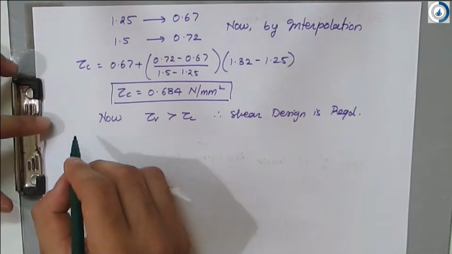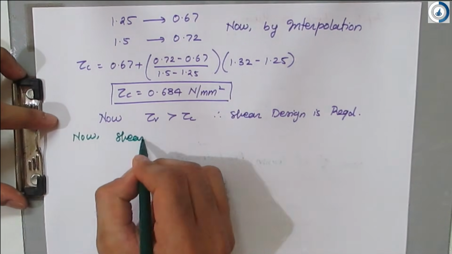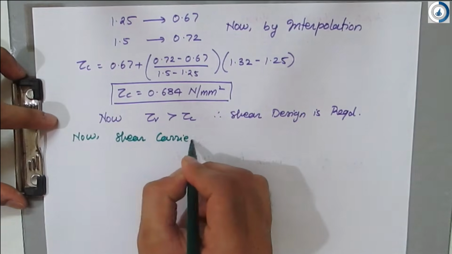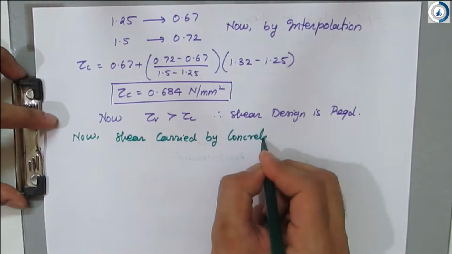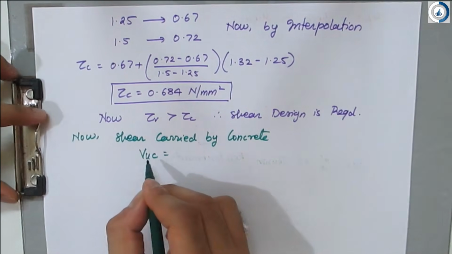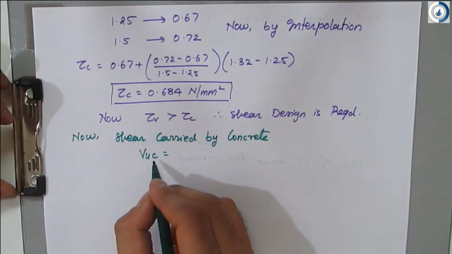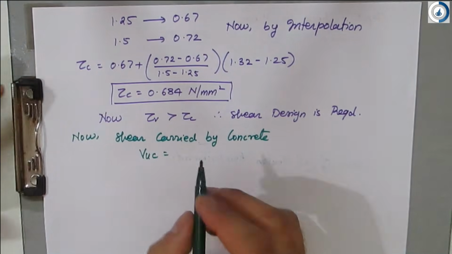So now you have to calculate the shear carried by concrete. This is denoted as VUC. VU was the complete shear force. The C is related to concrete. So shear carried by concrete is tau C BD.